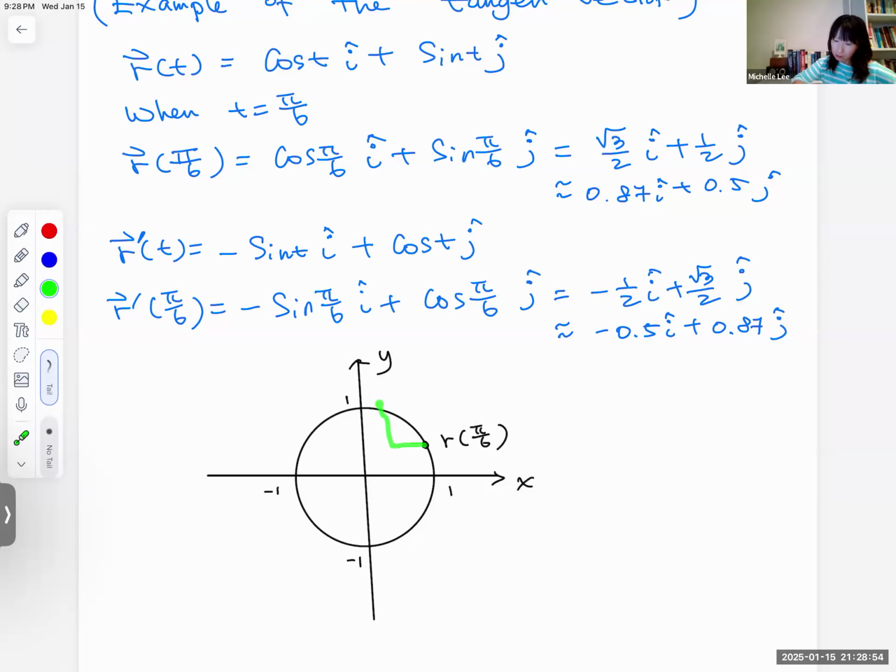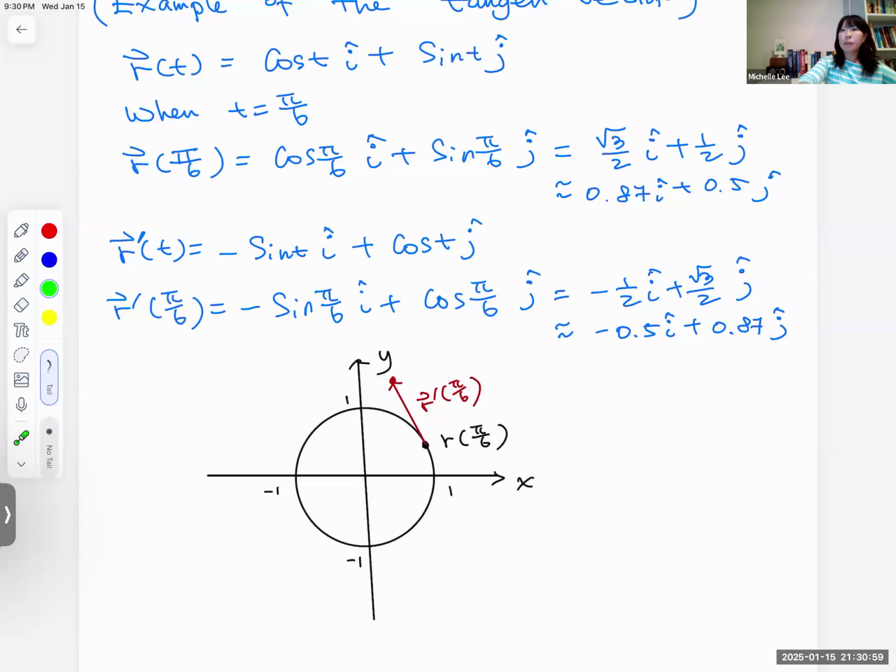So I plot the point here. So what do you think? That is r prime of pi over 6. I make it just approximately, from here negative 0.5 i and 0.87 j. Yeah, it's okay.